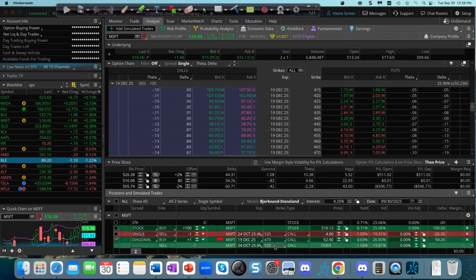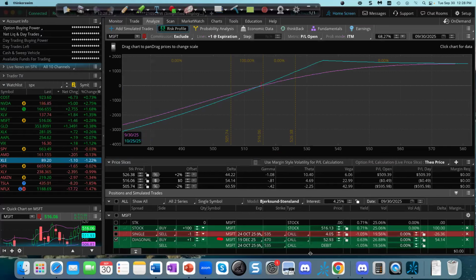And then I'm selling the same call, the OCT 24 535 call. And so if you just took that ideal scenario where it went up to 535, that's the best a covered write could do, maybe make 4.5%. And a diagonal, instead of putting up 51,000, you're only putting up $5,200.